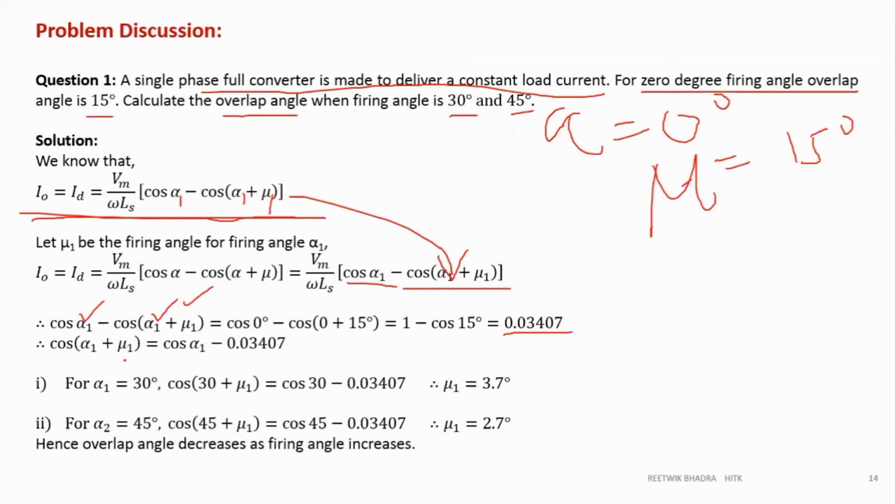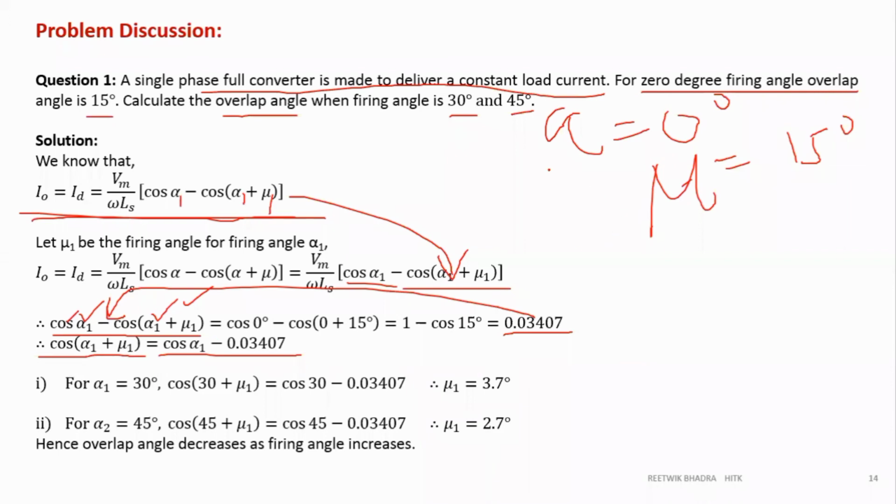Now if you generalize the equation over here, what you will get? Cos alpha 1 minus cos alpha 1 plus mu 1 is equal to this one. So cos alpha 1 plus mu 1 can be calculated: you bring 0.0347 on this side, so cos alpha 1 minus 0.0347 will give you cos alpha 1 plus mu 1.